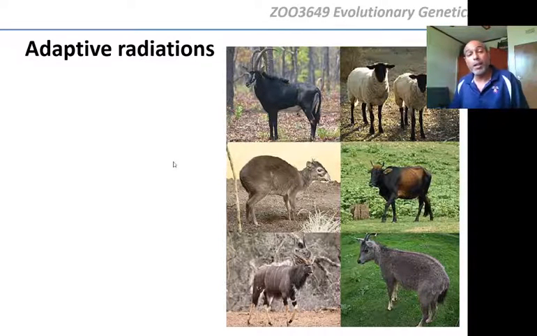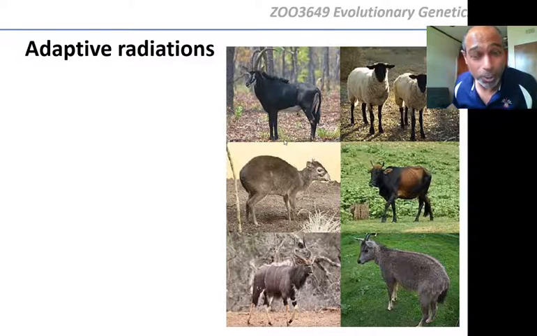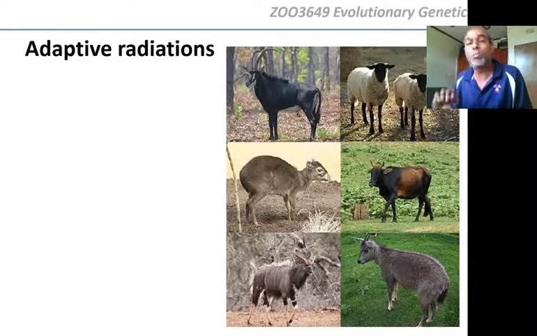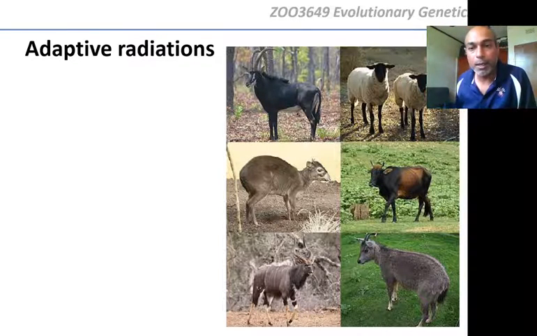And just for your information, most of our most important domestic animals, okay, cows, sheep, and goats, come from this adaptive radiation. Okay, so it means a lot to us. If this adaptive radiation had never occurred, our civilization could not have occurred.